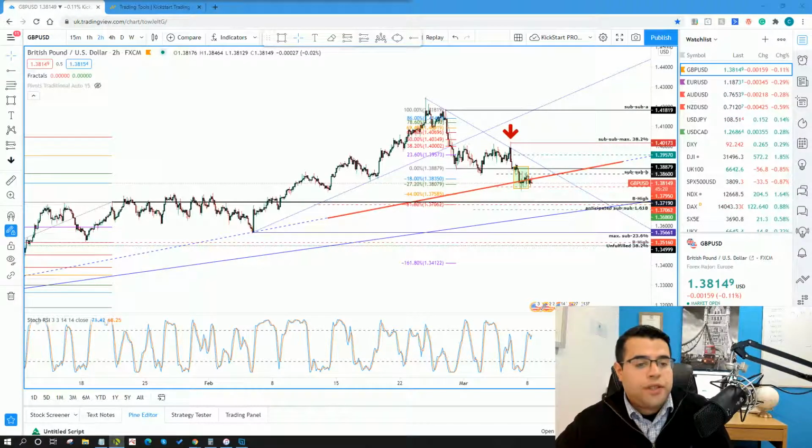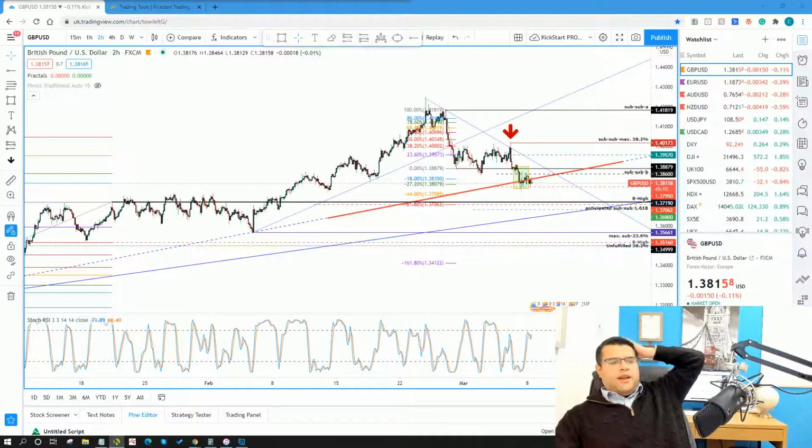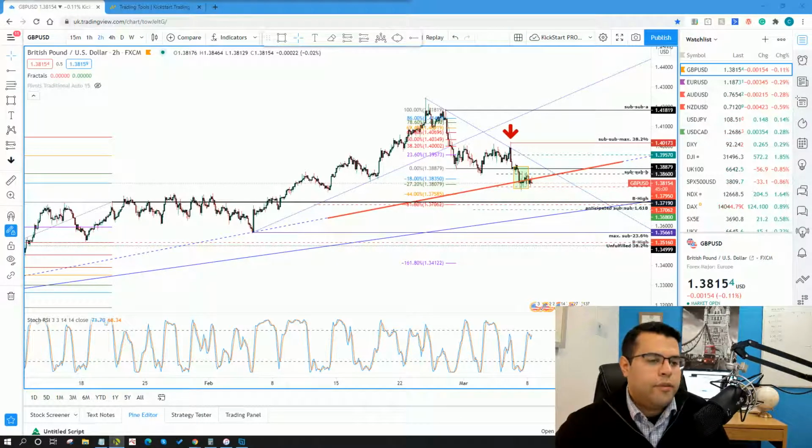So I'm actually going to go ahead and set this up. I do have a pending buy here as well, but I think the sell is more likely. I'm going to leave the buy in for now anyway. But over the next 2 candles or so, I'll probably take the buy off and just leave it with the sell, depending on, of course, what happens. But the stop here I'm going to put at 1.3860.